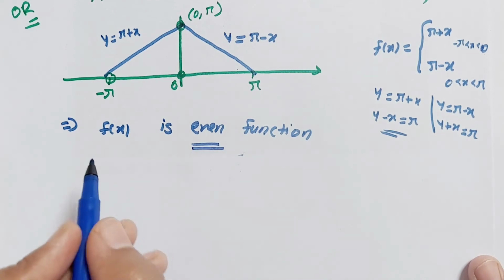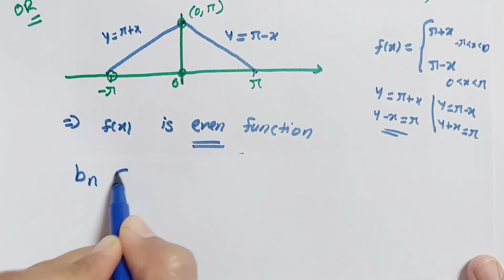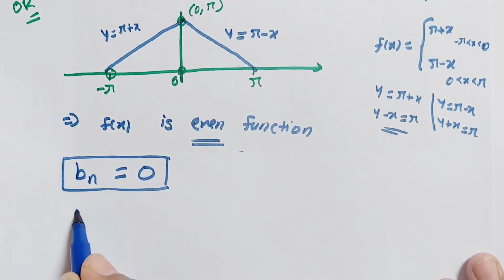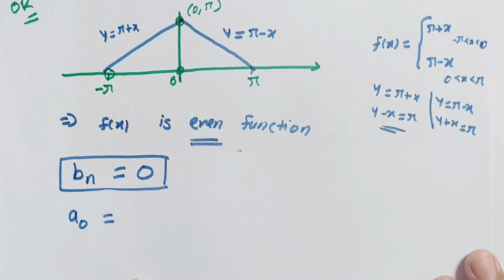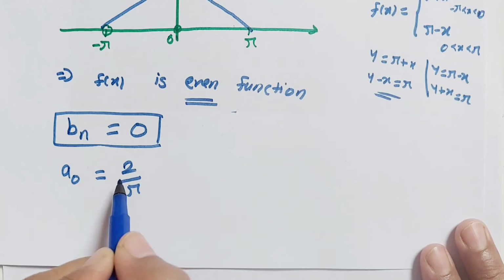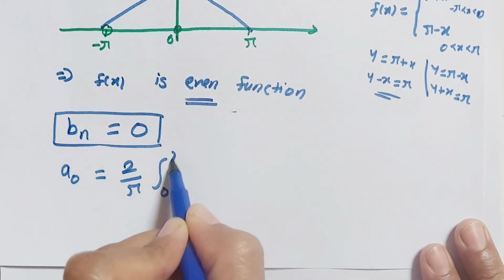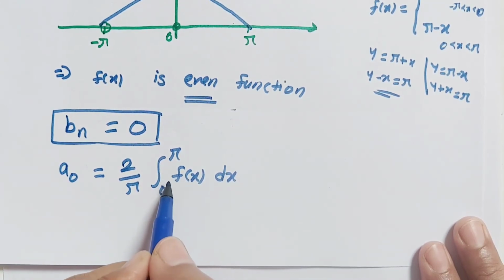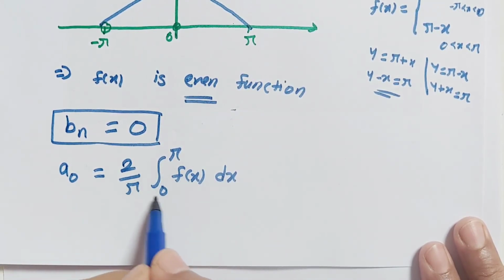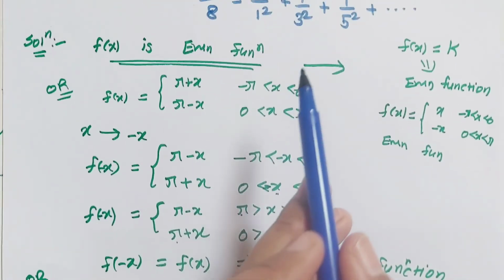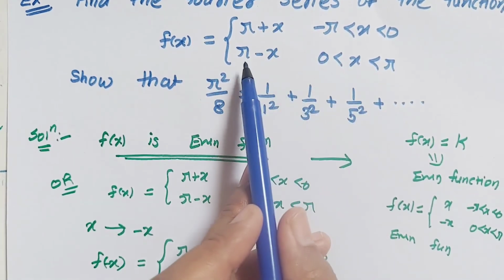When our function is even, we know that the value of bn is 0. So we just have to find the value of a0, and the formula for a0 for an even function is 2 by pi, because our interval is minus pi to pi, integral 0 to pi f of x dx. I directly use the concept of even function which I have just discussed: minus pi to pi we can write as twice 0 to pi, and in the interval 0 to pi the value of our function is pi minus x.